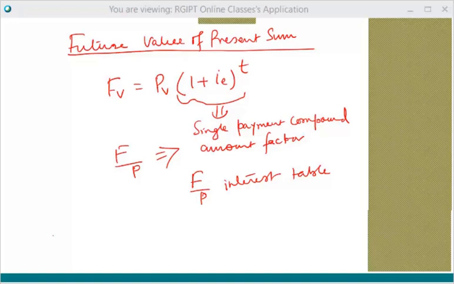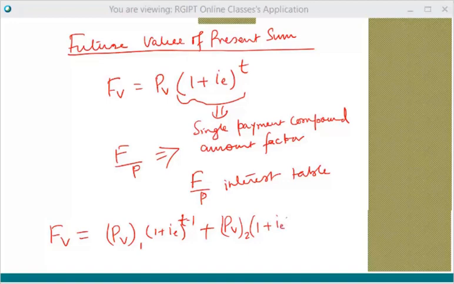The future value is, let's say, PV1 times (1 plus i_e) to the power t minus 1, the total term minus 1, plus PV2 times (1 plus i_e) to the power t minus 2.